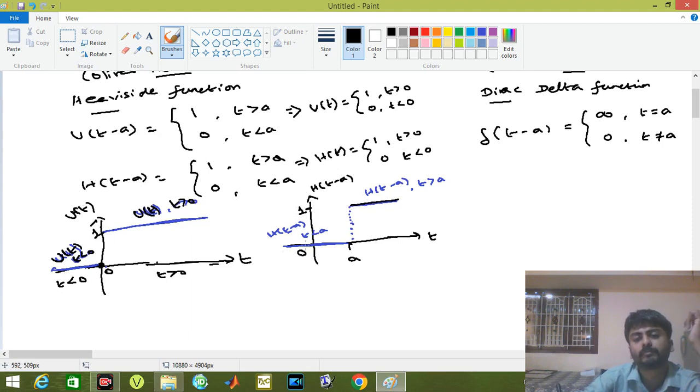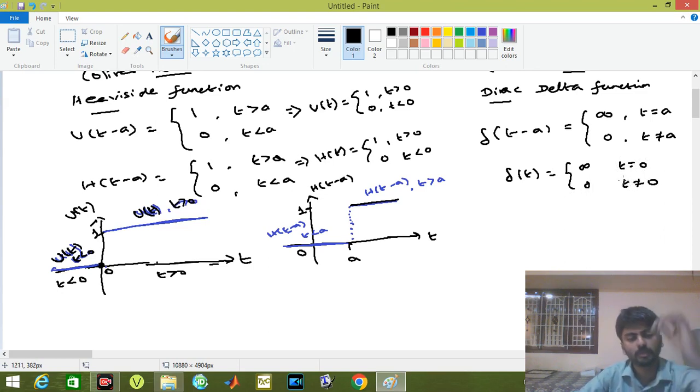Now for the Dirac delta function, the concept is a little different. If I take delta of t, it becomes infinity for t equal to 0, and it is 0 when t is not equal to 0.